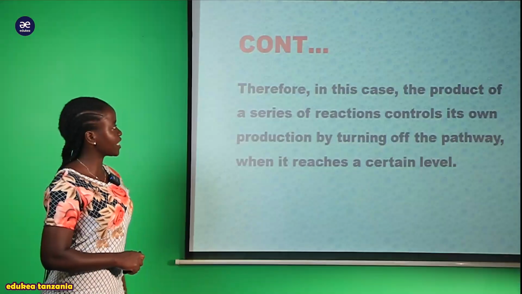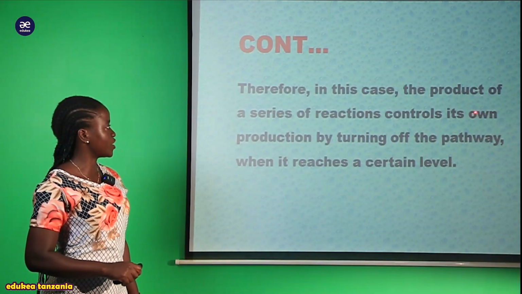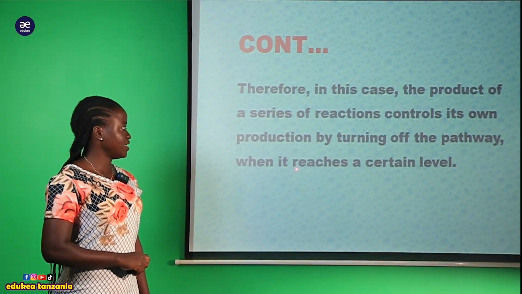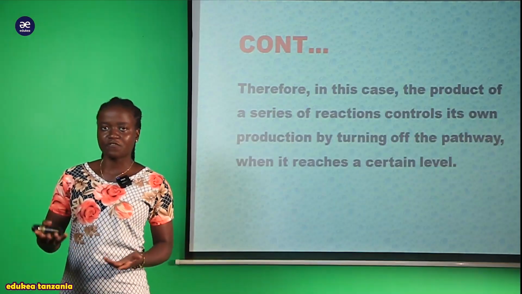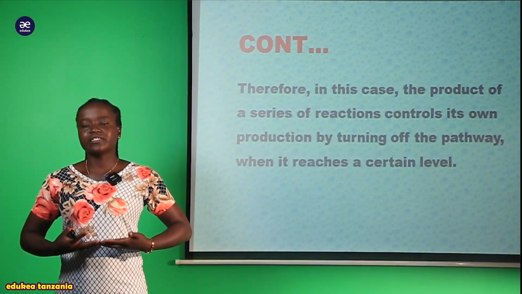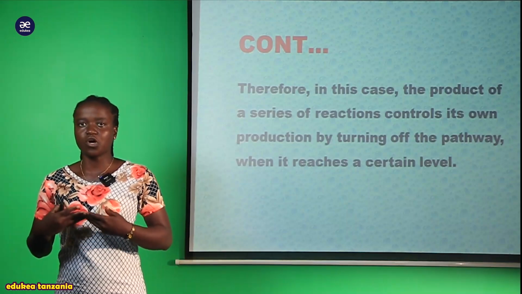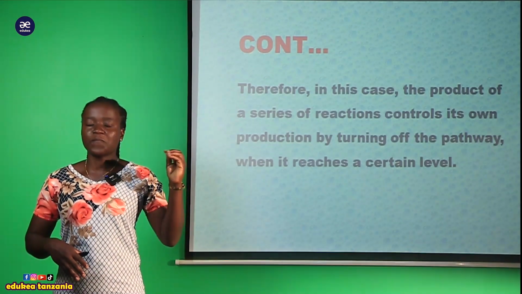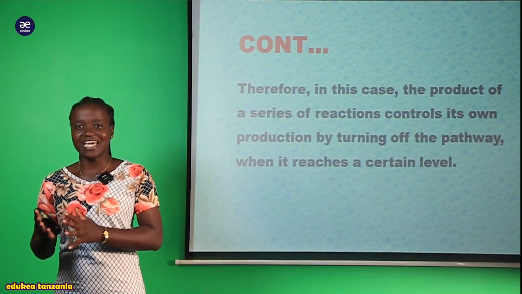So therefore we can say that in this case, the series of the reaction controls its own production by turning off the pathway when it reaches a certain level. So if a certain level of the thyroxine hormone is reached within the blood, that is a maximum level of thyroxine hormone in the blood, it will inhibit more production of the thyroxine hormone within the blood.